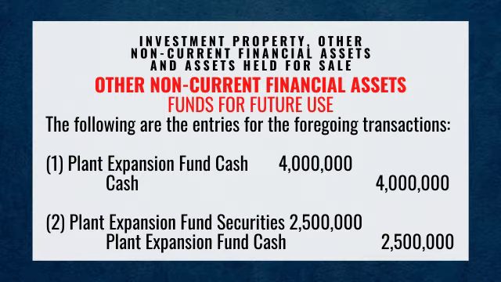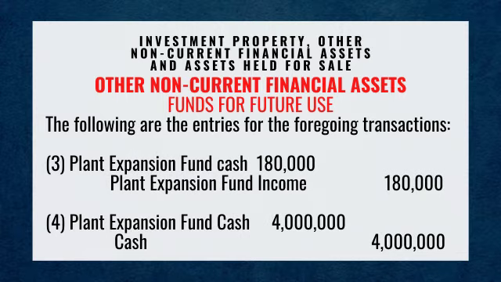Number 2, debit plant expansion fund securities for 2,500,000 pesos and credit plant expansion fund cash for 2,500,000 pesos. Number 3, debit plant expansion fund cash for 180,000 pesos and credit plant expansion fund income for 180,000 pesos.